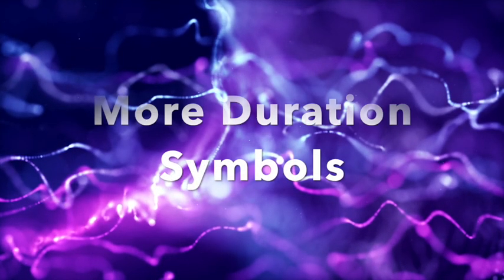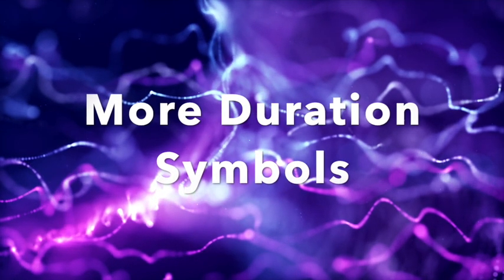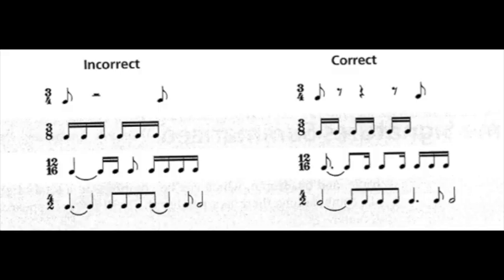Some more information on durational symbols. When rhythms are notated, it is customary to use rests, beams, ties, and dots in such a way that the metric accent and the individual beats are emphasized rather than obscured.